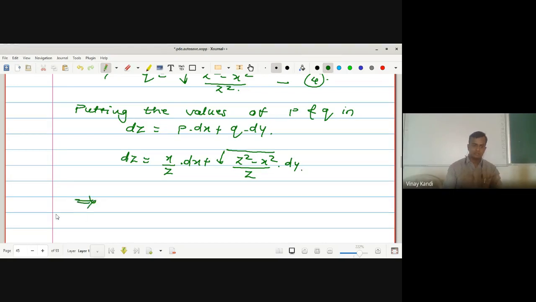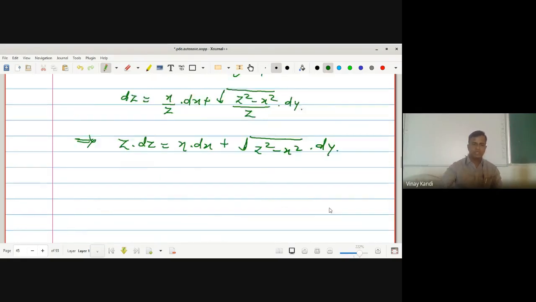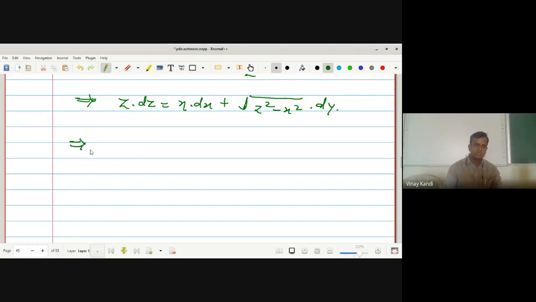Which implies z dz is equal to x dx plus square root of z square minus x square dy. How to find the integration of this one? z dz minus x dx upon square root of z square minus x square is equal to dy. Whose derivative is this?